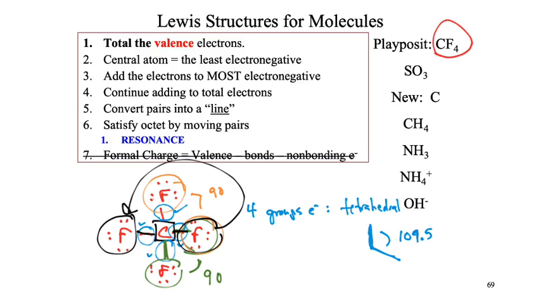If I tried to draw one right here, what shape do I now have? I have a triangle, which means the bond angle is no longer 109.5. It becomes 120. Okay? Have a hard time with geometry or trig?